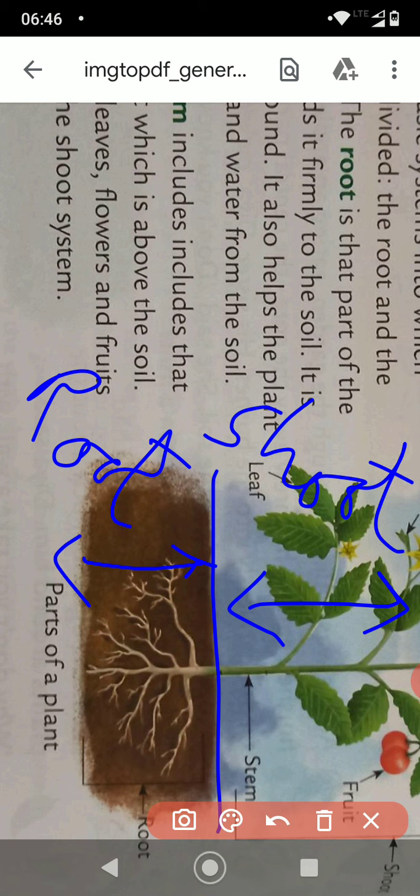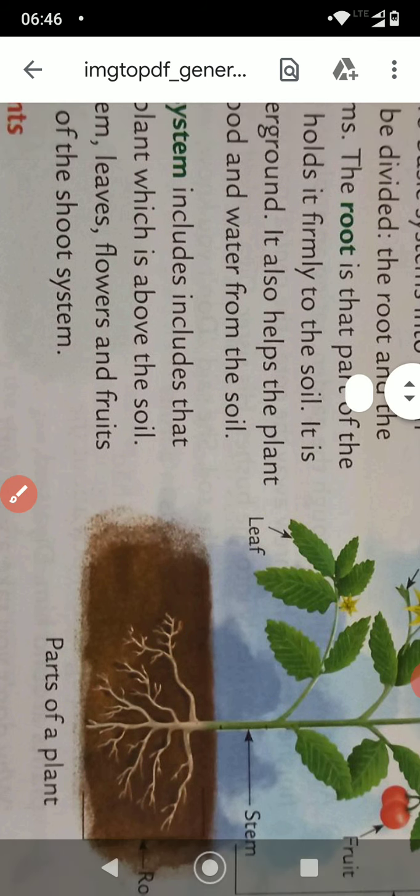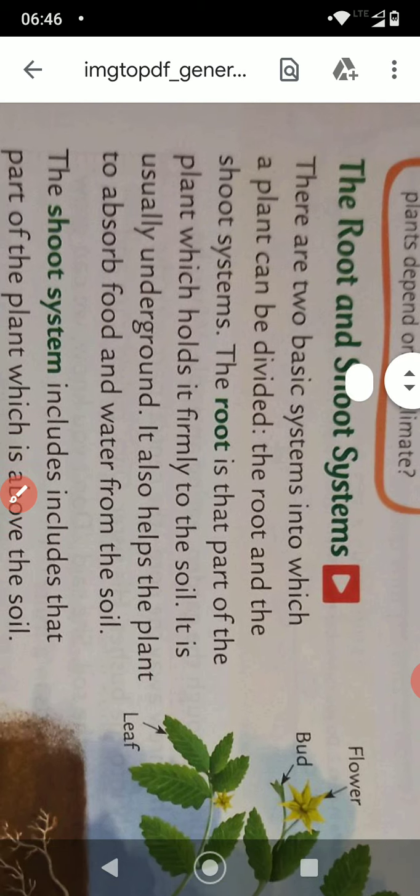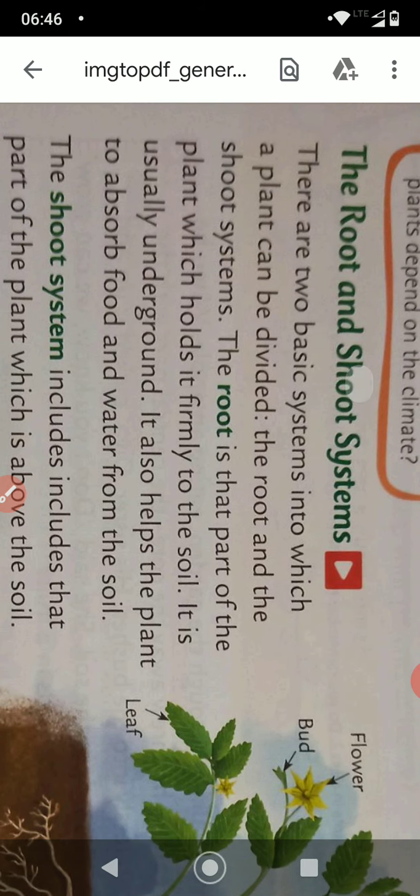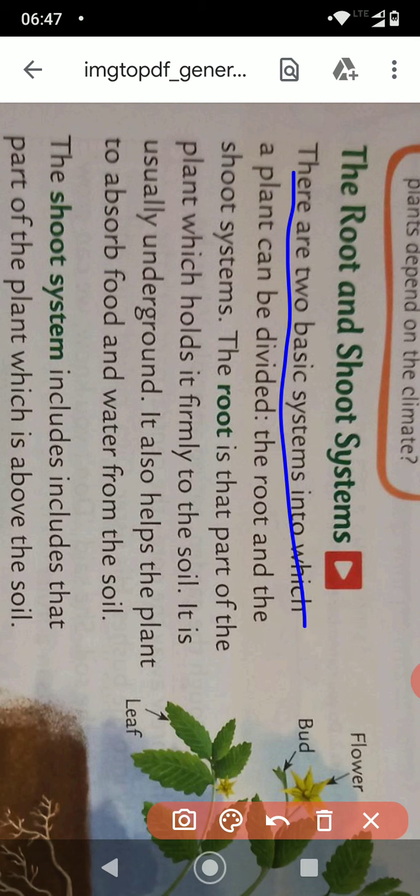Okay, so now we are going to study in detail. Okay children, you can underline the way I am underlining here. There are two basic systems into which a plant can be divided: the root and the shoot systems.